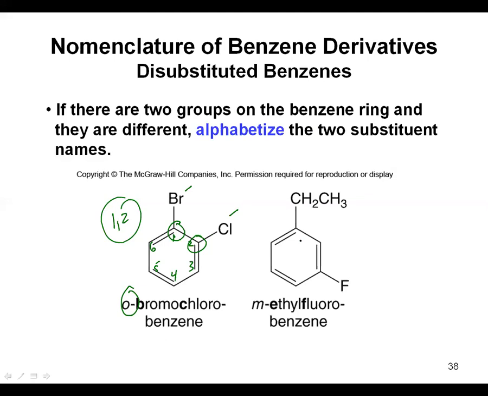Here again, we would go 1, 2, 3, 4, 5, and 6, which gives us our 1,3 positioning, which is our meta positioning. And this is meta, again, ethyl group here and fluoro group here. So E before F, ethylfluorobenzene in this case. So again, sometimes people will use these historical sort of names, ortho, para, and meta, in lieu of numbers when you have multiple groups attached to a benzene ring.